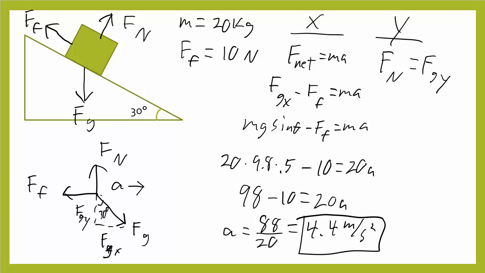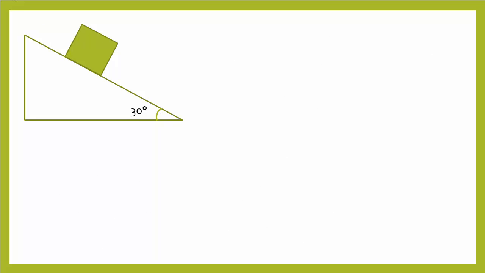Let's look at one other situation where I'll throw everything at you, all of the wonderful physics you've learned so far. And as long as you just take it step by step, it's not too bad. Let's say that we've got our same 20 kilogram box on our same ramp.